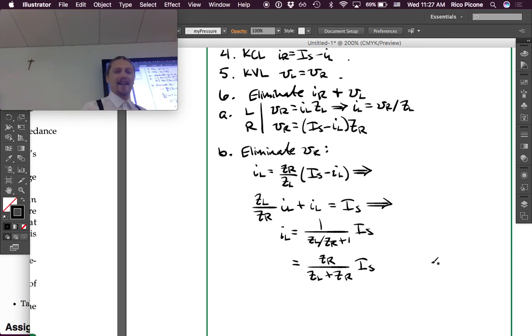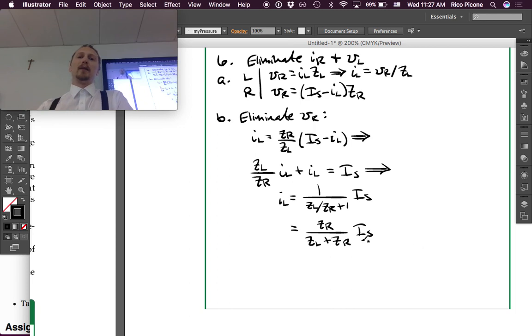It is, yes, absolutely, but I don't want us to make generalizations from this example. In the lecture I'll do on Friday, I'll explain how to do current dividers and voltage dividers with impedance. So I don't want to worry about that yet. So in a sense, we're done. We need to plug in what IS is, right? And we need to plug in what ZR is.